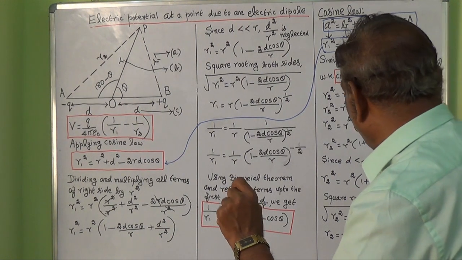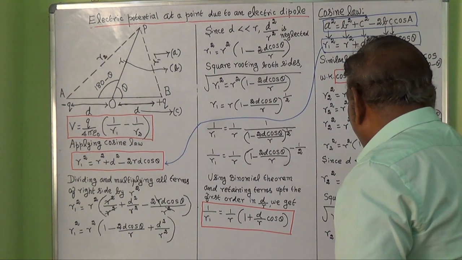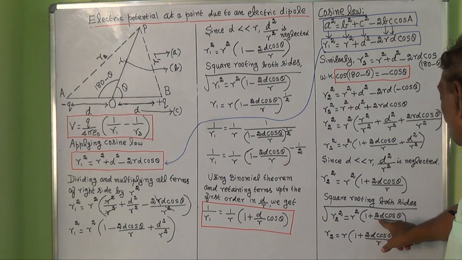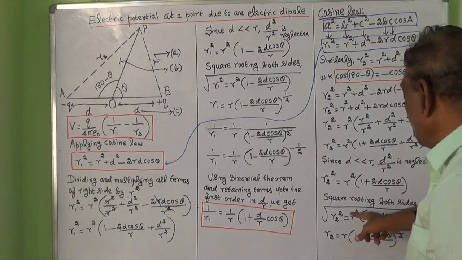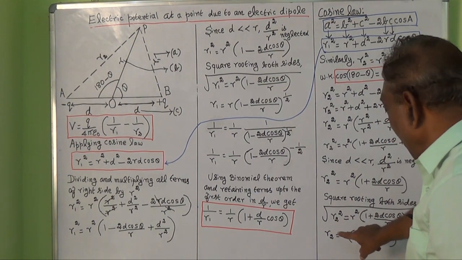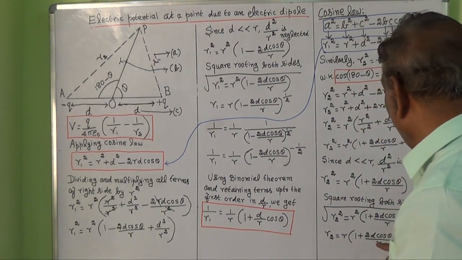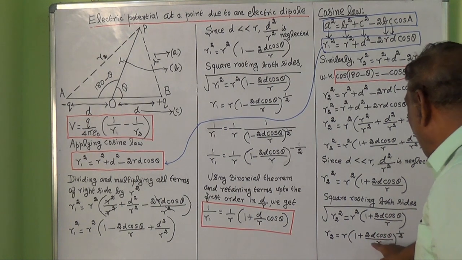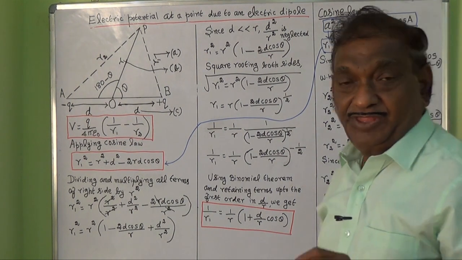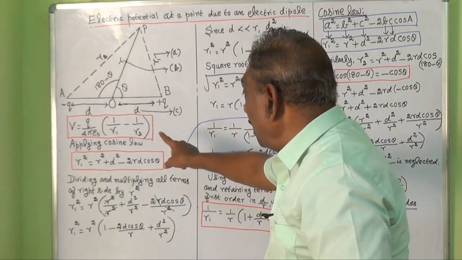If we find the square root of both sides, we will get root of R2 square equal to root of R square into 1 plus 2D cos theta by R. If we square root R2 square, we will get R2, and if we square root R square, we will get R. We will get R2 equal to R into 1 plus 2D cos theta by R, the whole power 1 by 2.